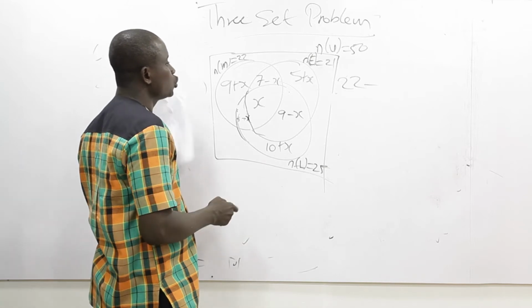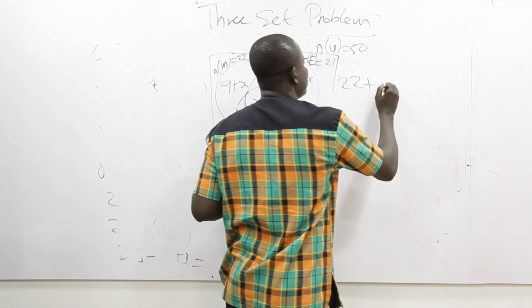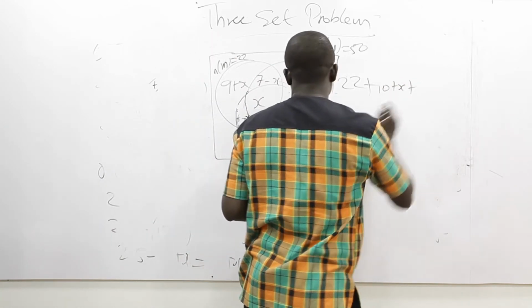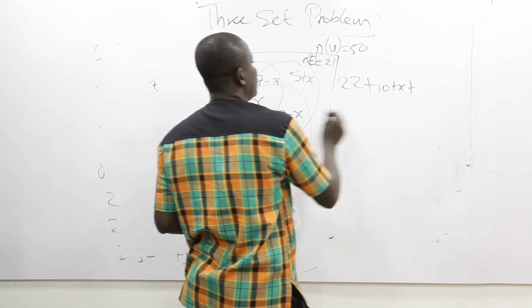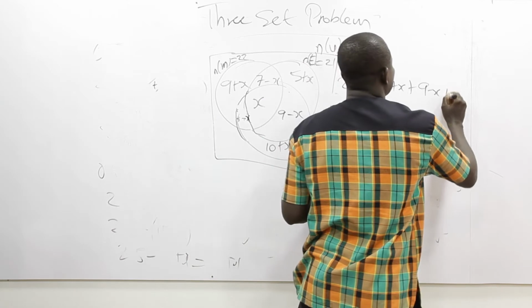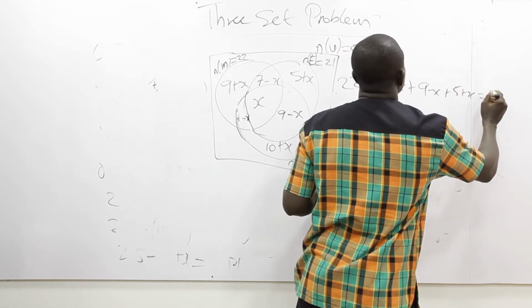So it becomes 22 plus what is left behind this circle, 10 plus x, plus 9 minus x, plus 5 plus x, is equal to 50.